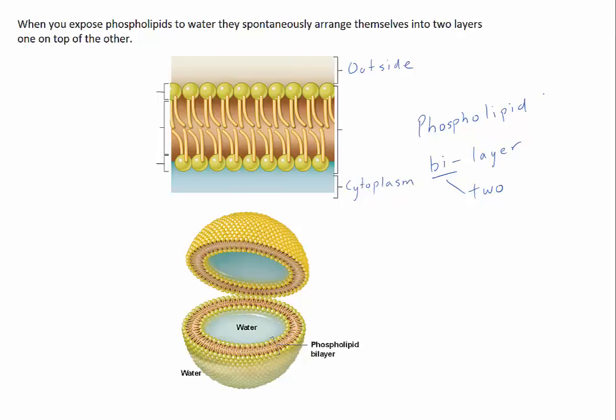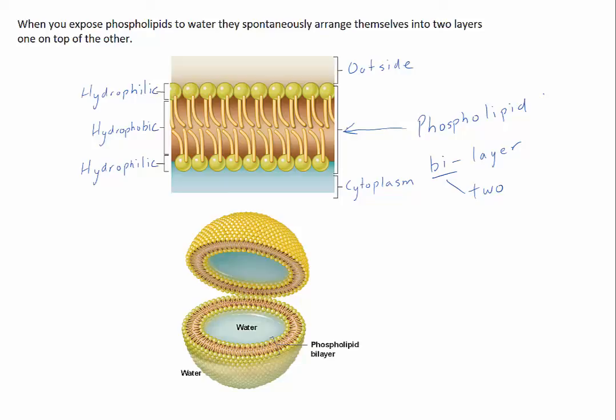You can see here that the phospholipids have arranged themselves so that the hydrophilic heads face the outside and the inside of the cell, whereas the hydrophobic tails both face the inside of the membrane. And this is how they arrange themselves into something called the phospholipid bilayer.